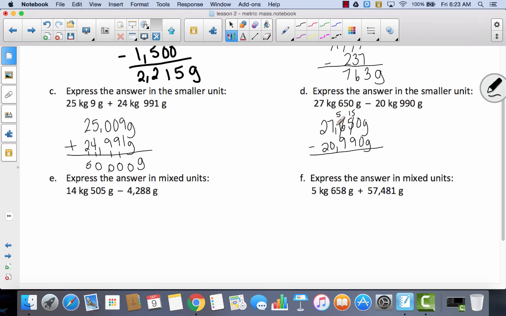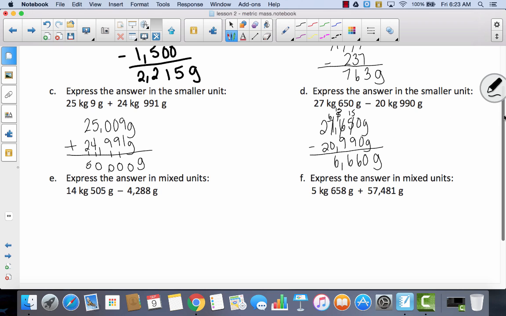I'm not ready to subtract in the hundreds, so I'm going to decompose 1,000, and that gives me 15 hundreds. I can subtract in the thousands and in the 10,000s. All right, so now I'm ready to subtract. So I have 0, 6, 6, and 6. So I have 6,660 grams, and I'm going to leave those as grams.